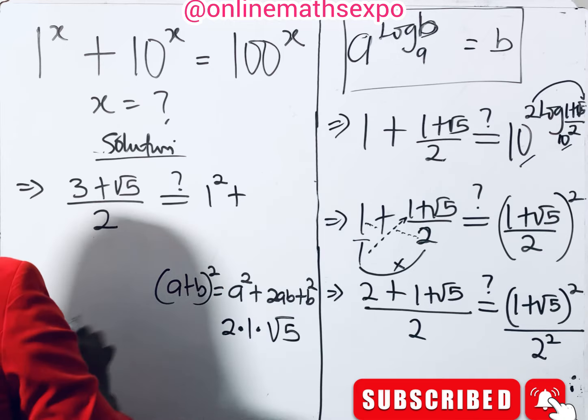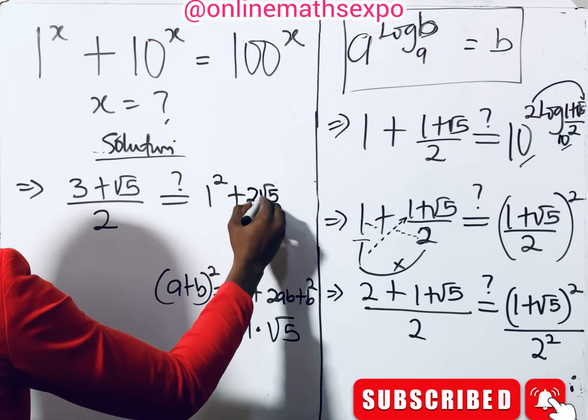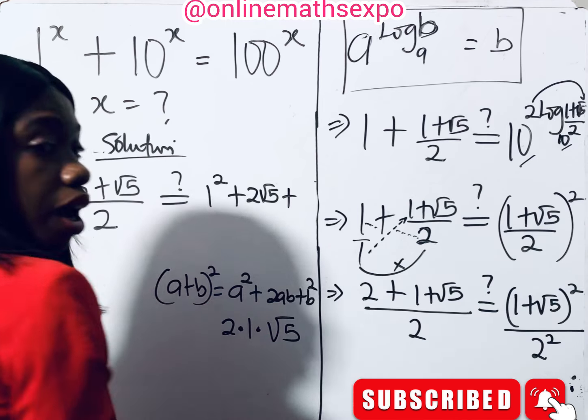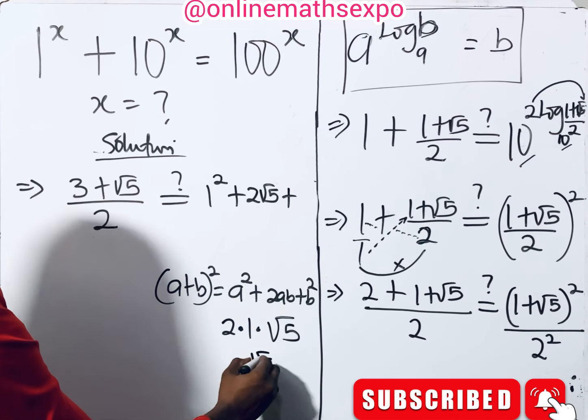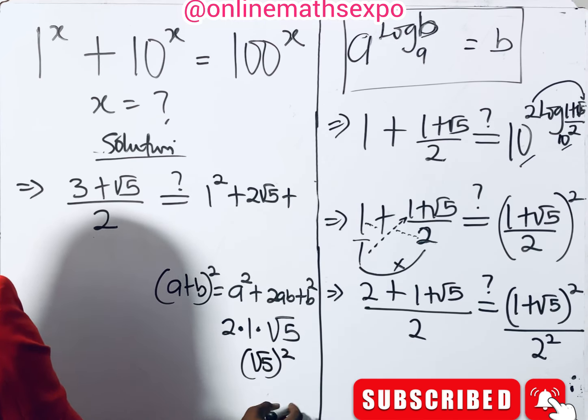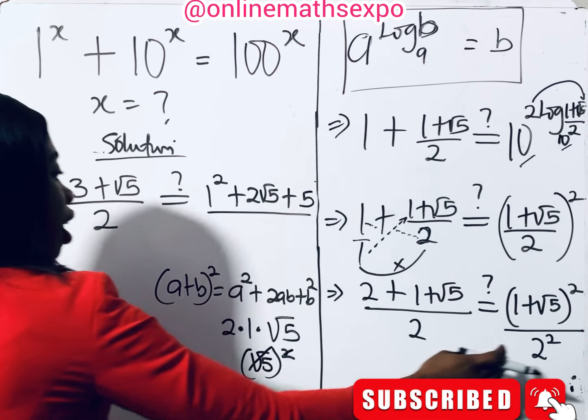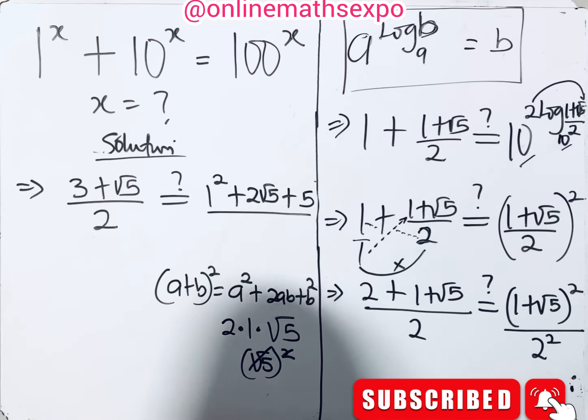Then plus, raise this to the power of 2, so we have square root of 5 raised to the power of 2. The square cancels the square root, we are left with 5 divided by 2 squared, which is 2 times 2, which will give us 4. Did you see how we got that?